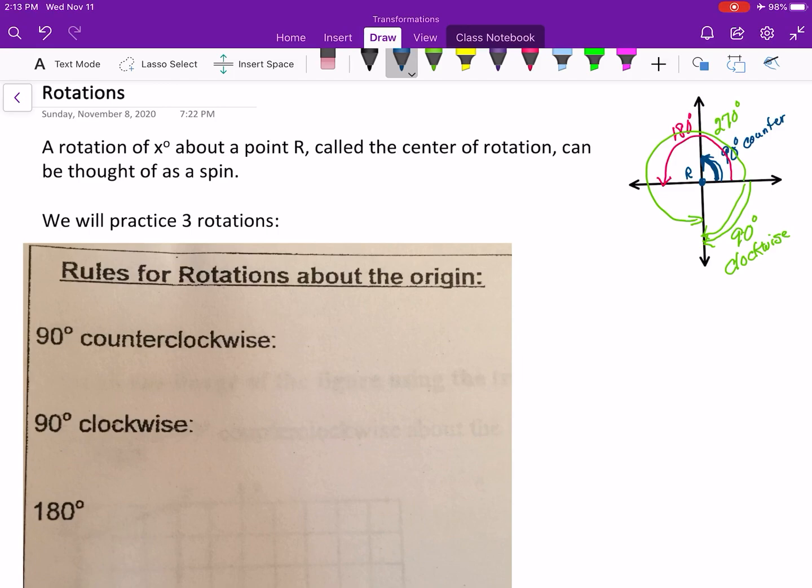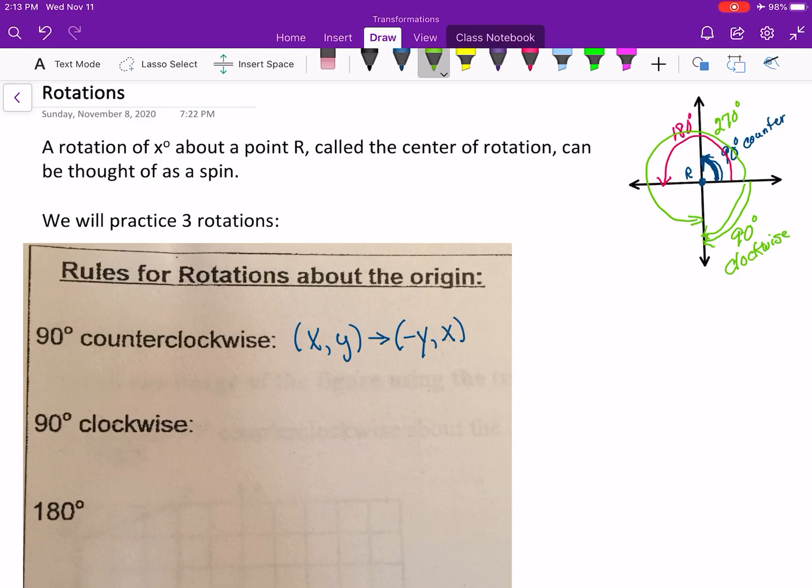On a 90-degree counterclockwise rotation, we'll take the original X and Y, and in that transformation, we're going to trade the X and Y coordinates, but more than that, we'll negate the Y coordinate, and it becomes the new X, and the old X becomes the new Y. Here's an example.